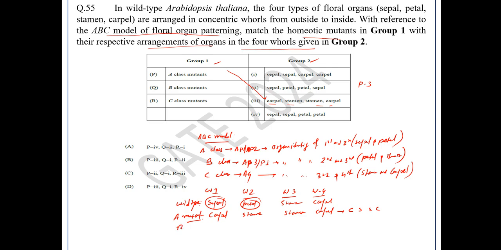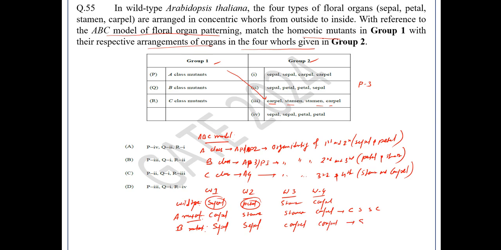Now if we see the B mutant, loss of function of B class genes will result in the formation of sepal in the first whorl, a formation of sepal in place of petal, and in the third whorl, in place of stamen, there is a formation of carpel, and in the fourth whorl, as usual, the carpel.